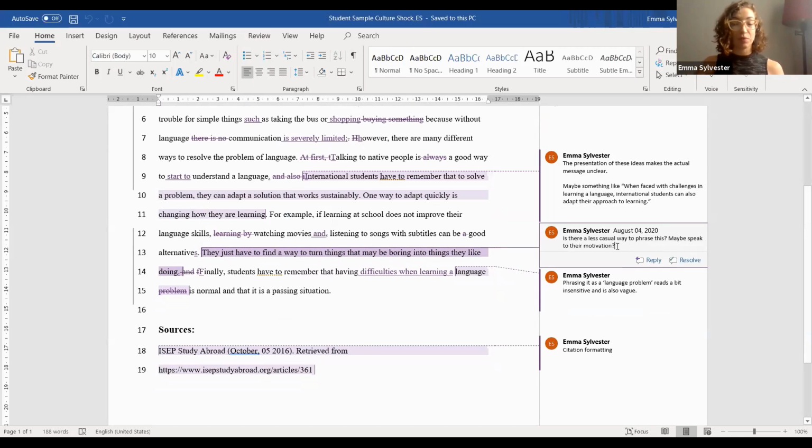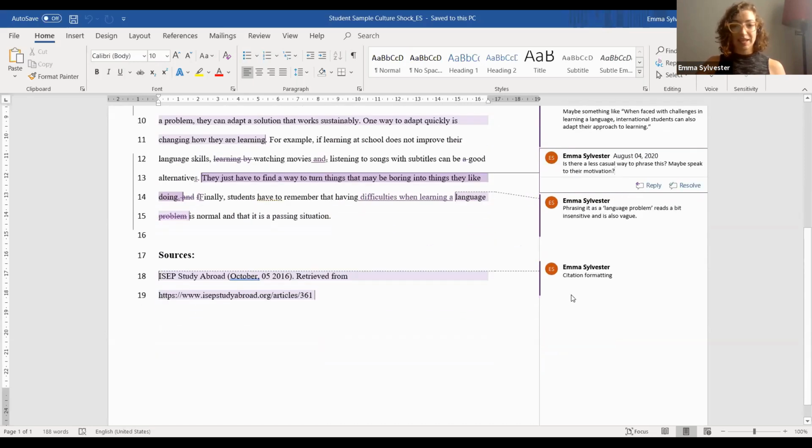Maybe speak to their motivations. So you could formalize this by saying, "International students would most likely improve their motivation by focusing on tasks that they are interested in for the sake of language learning." Something like that. That's a rough thing that I just threw out there now, but that's also a good way to identify formality within your writing.